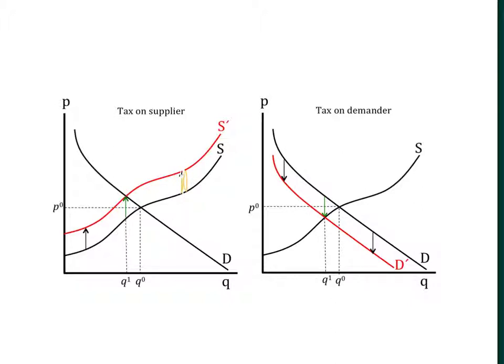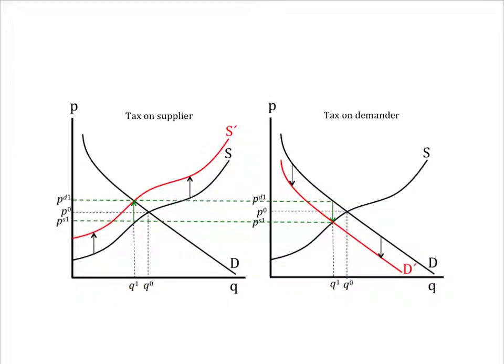And the new demand curve is 50 cents lower everywhere. And so supply equals demand at Q1, and the supply price and the demand price are the same in both diagrams. There's the supply price, there's the new demand price.